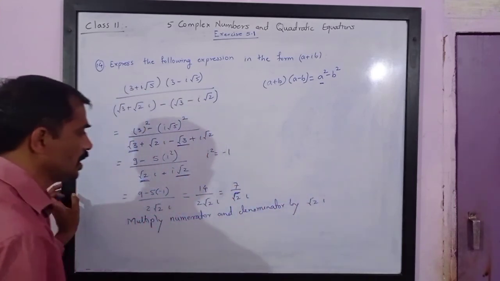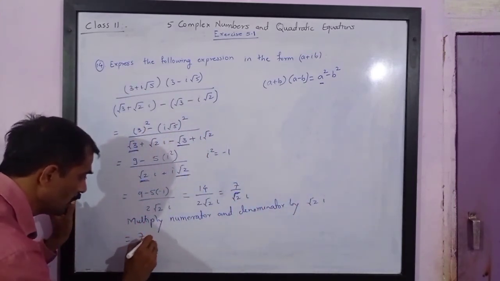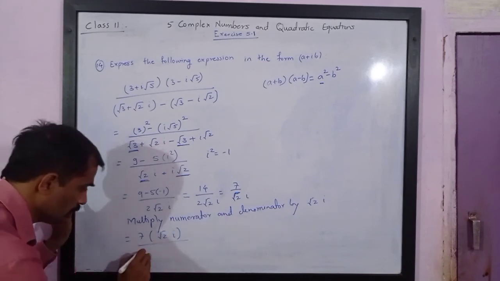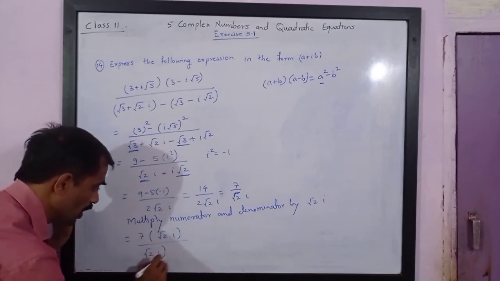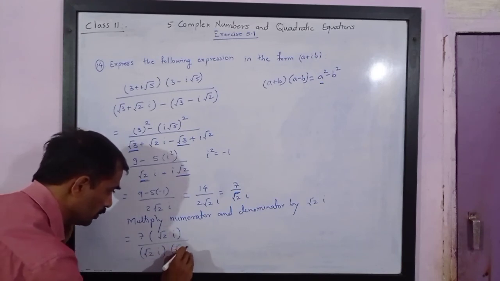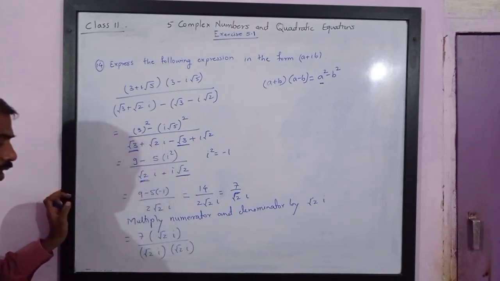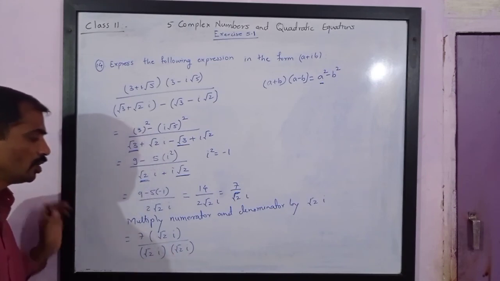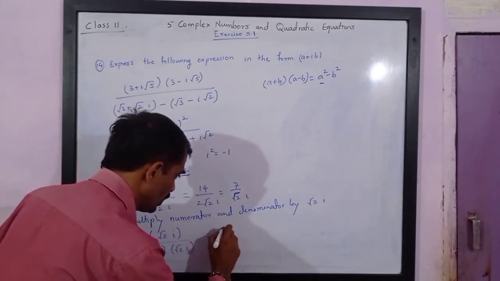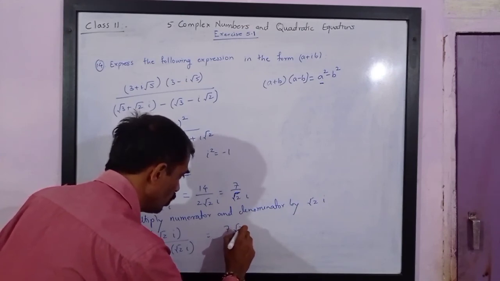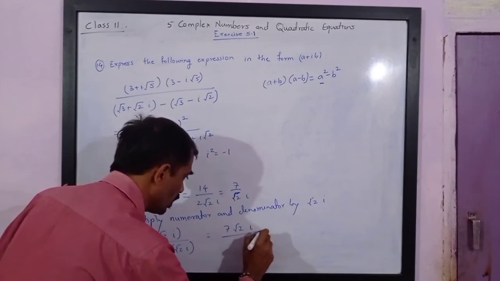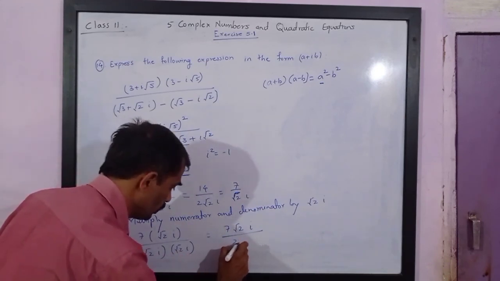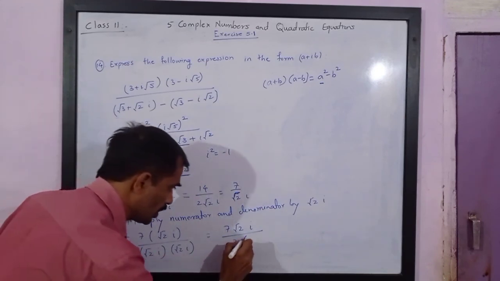So this becomes 7 multiplied by root 2I upon root 2I multiplied by root 2I. Watch carefully. Now root 2 into root 2 is 2. I into I is I square. So we will get 7 root 2 I upon root 2 into root 2 is 2, I into I is I square.